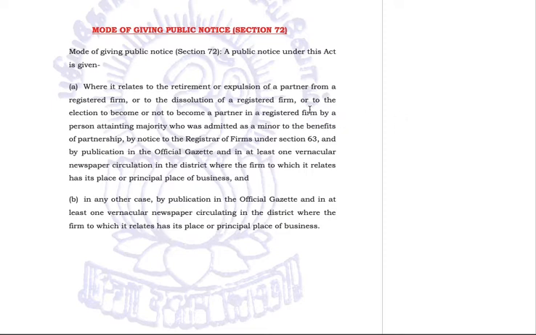Okay, by a person attaining majority who was admitted as a minor to the benefits of partnership, by a notice to the registrar of firms under section 63. When some new partner has come, you have to give notice to the registrar, and by publication in the official gazette. Okay, so how will you give notice in these cases?